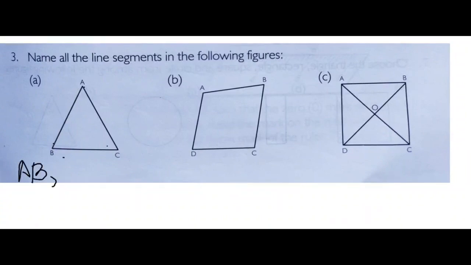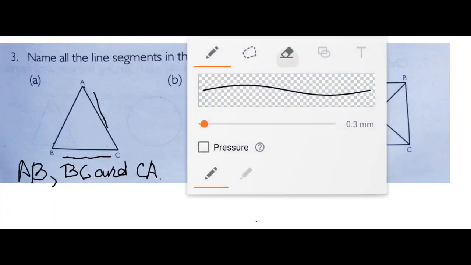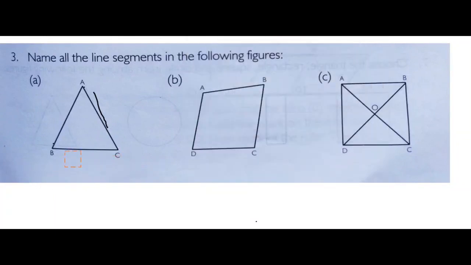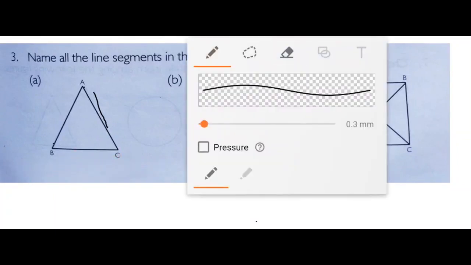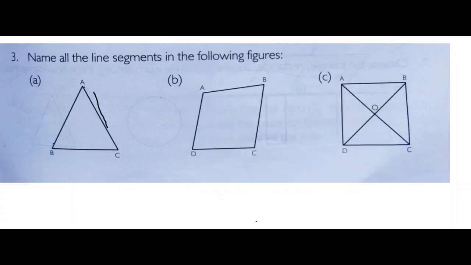Next, this side is BC, and next this line segment is CA, or you can write AC. That is your wish. So AB, BC and CA you will name in this manner. Okay, so let me write a little bit small in a small handwriting.